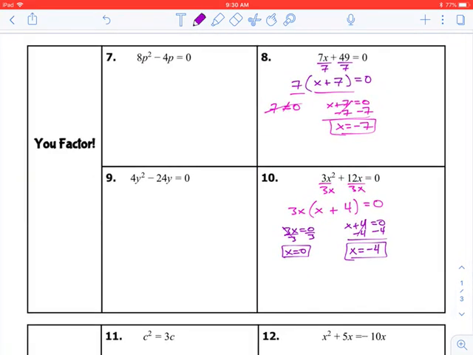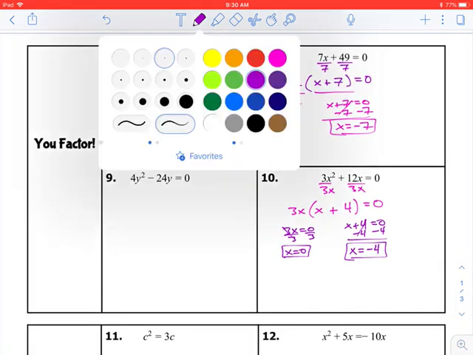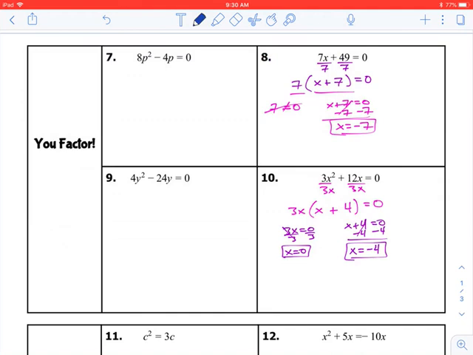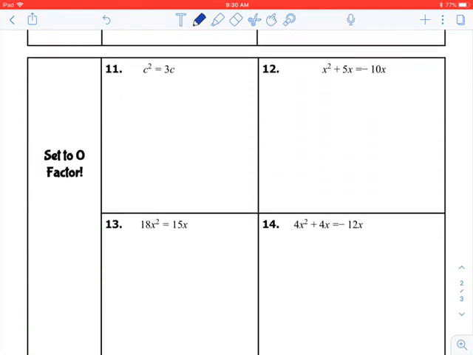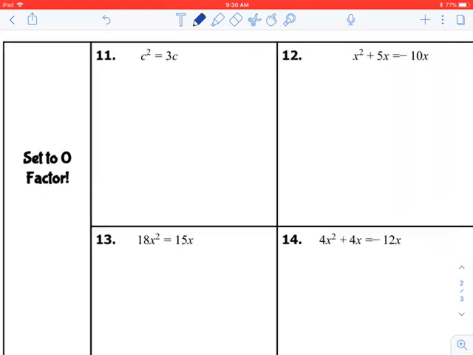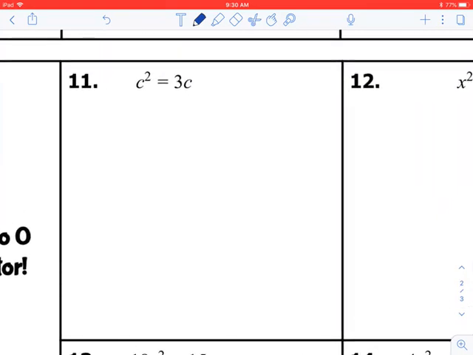Those are set equal to 0 already though. So when you get down here, I think I'm going to do the first two with you and then leave the last two to you. Number 11 is not equal to 0 yet. So I need to subtract off whatever that is to make it 0. So I get c squared minus 3c equals 0.